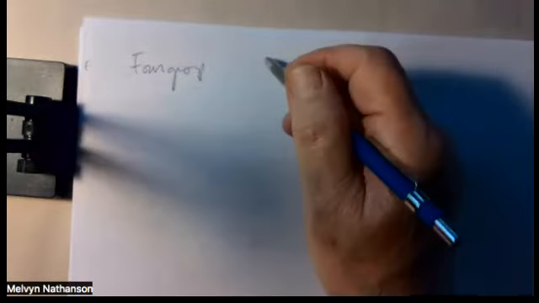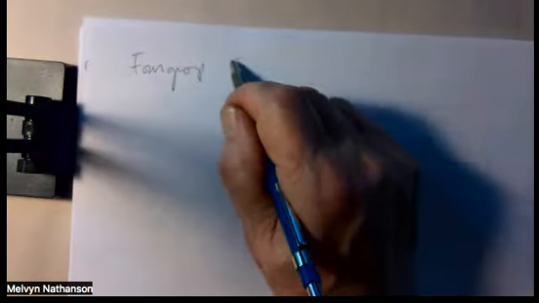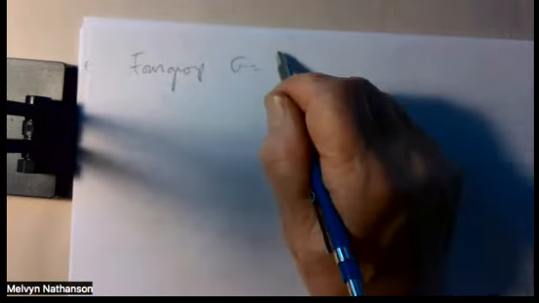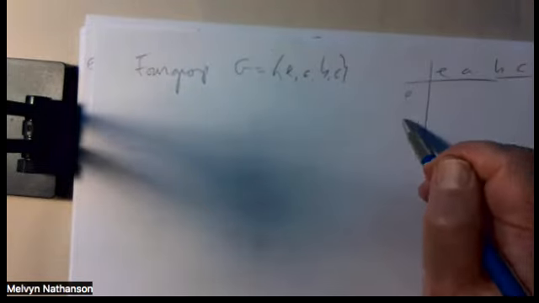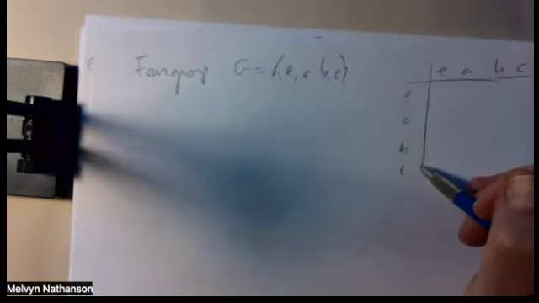There's a group which is called the 4 group, because it has 4 elements in it: E, A, B, and C. And the multiplication table for these 4 elements is as follows. E, A, B, C. E, A, B, C.